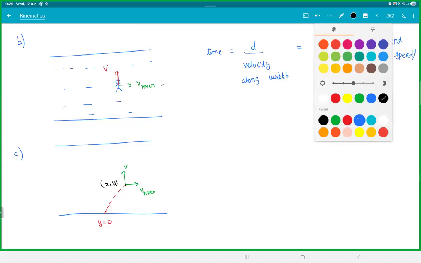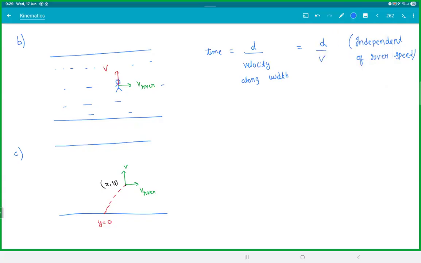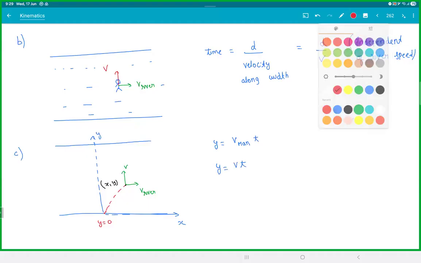Now look at this clearly, okay? The only reason you're going in the y direction is because of the man's speed. So we are choosing this as your y-axis. So the y coordinate is simply the velocity of the man into time. The river will never change your y coordinate. So indirectly, I got the y coordinate. y is equal to vt. That is a big advantage.